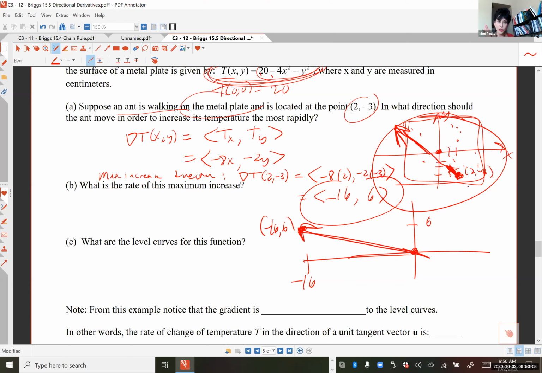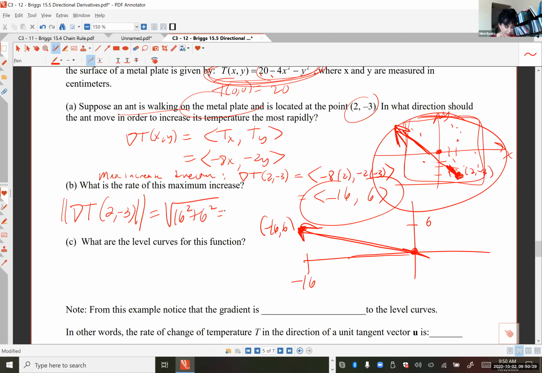Now, what's the actual rate of this max increase? So if the ant starts walking along that vector, at what rate is he increasing his temperature? It turns out that rate is going to be the magnitude, the value of the gradient at that point.